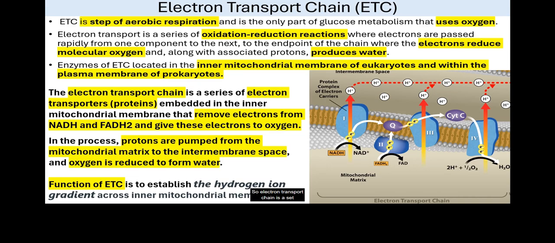So the electron transport chain is a set of several transmembrane proteins, and these proteins are called electron transporter proteins because they transport electrons. They will use our electron carriers such as NADH and convert it to NAD, and H will be removed from NADH.